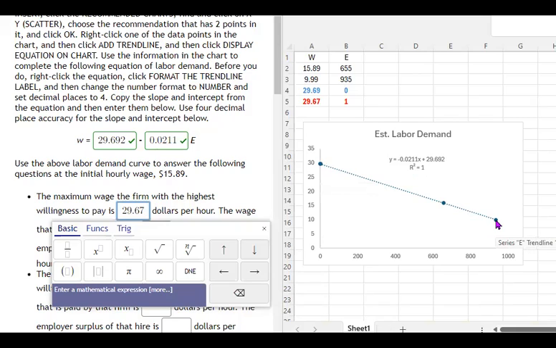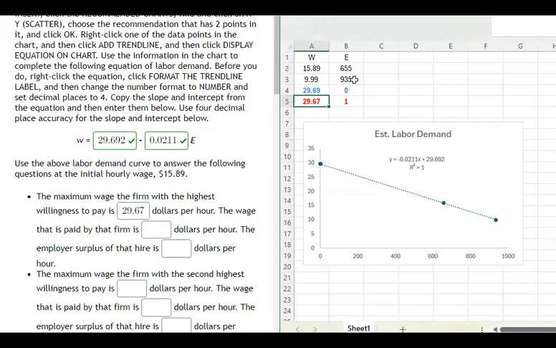This last employee is, in my case, the 935th, right? The 935th valued employee or applicant, right? And they're placed in a queue. So you can think of these little dots as all the individual applications, right?